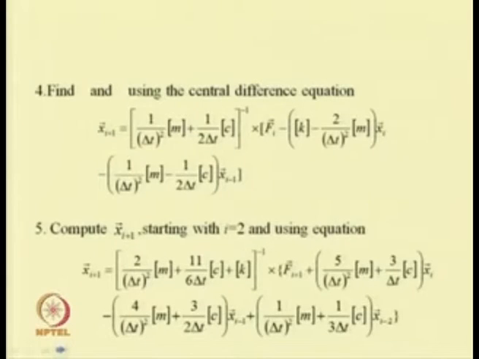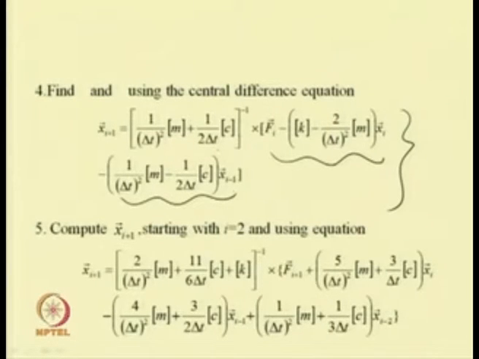Now one can compute x i plus 1 by using this expression. So, x i plus 1 will be equal to 1 by delta t square m plus 1 by 2 delta t c, the inverse, into, using this expression for this and this.